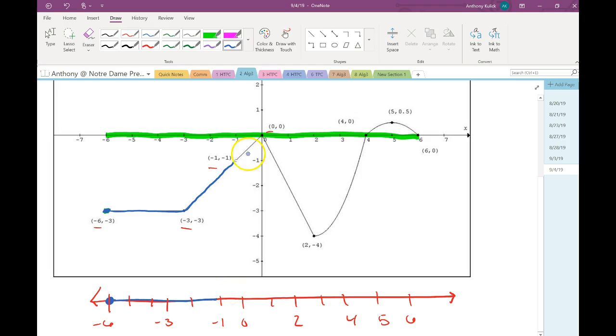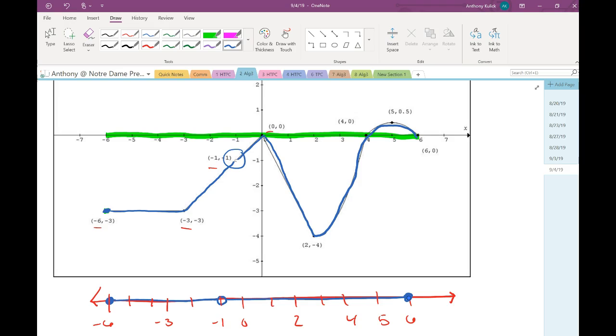You see the hole on the graph? So I'm going to put an open circle on my number line, and then I continue traversing the graph all the way to the end. Everybody can see that?